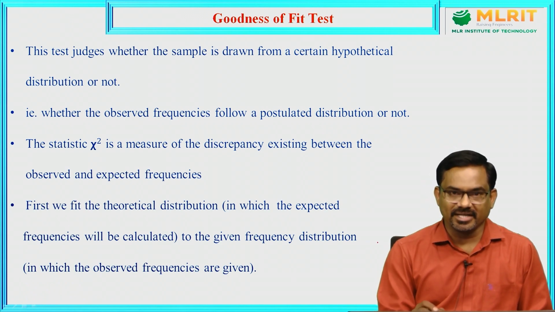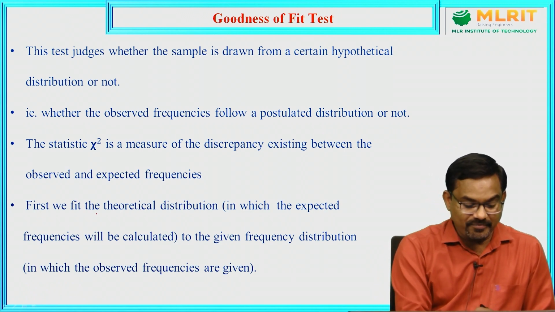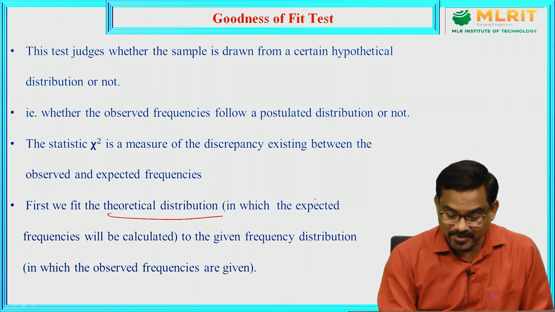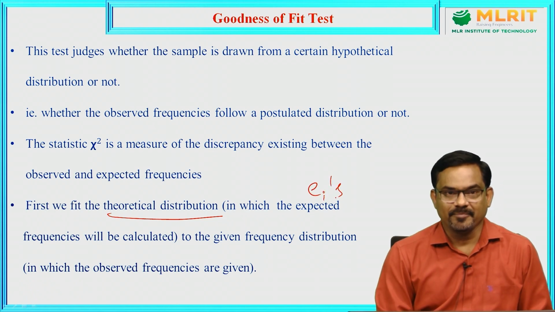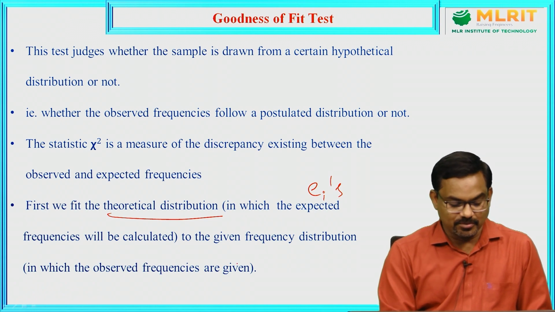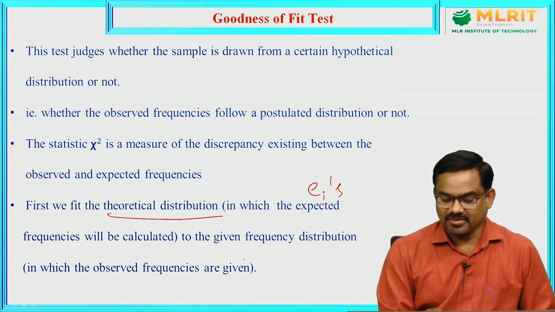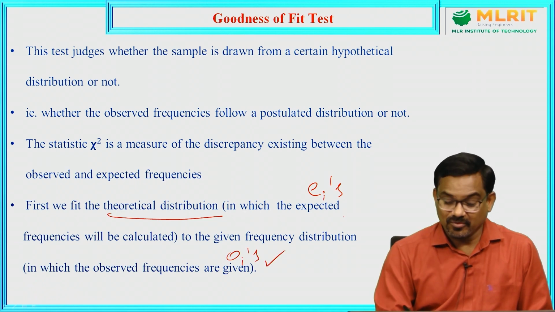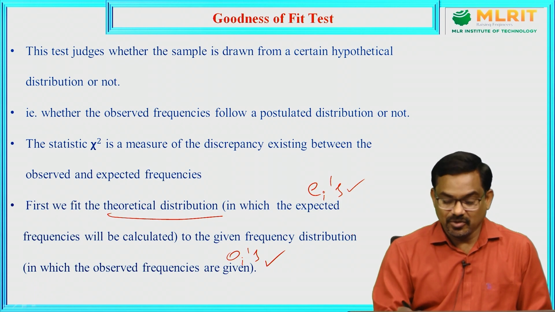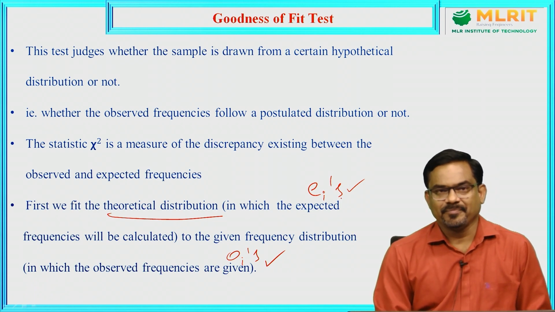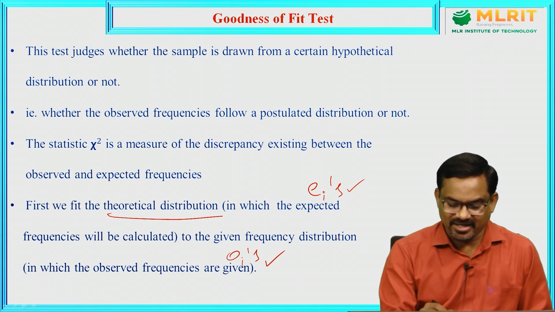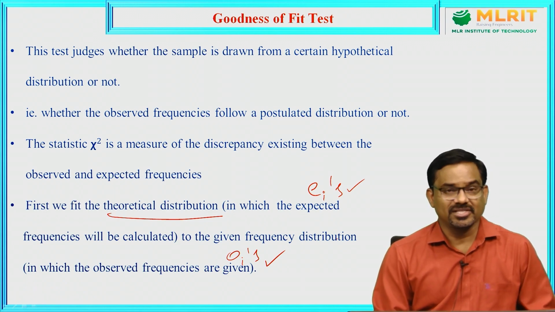First, we fit the theoretical distribution, in which the expected frequencies, the Ei's, will be calculated for the given frequency distribution in which the observed frequencies, the Oi's, are given. These Oi's will be given in the problem and we calculate the Ei's, and using these two values we test whether a best fit exists between the given data and a theoretical distribution. So, this test is called the goodness of fit test.